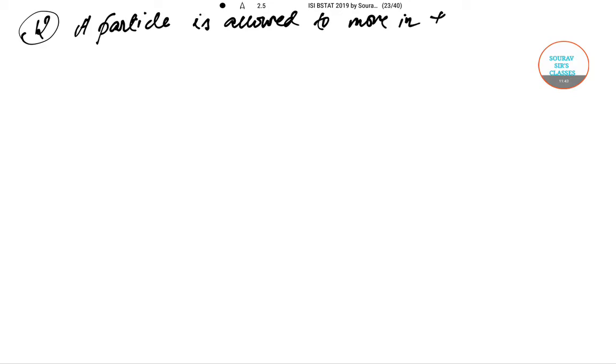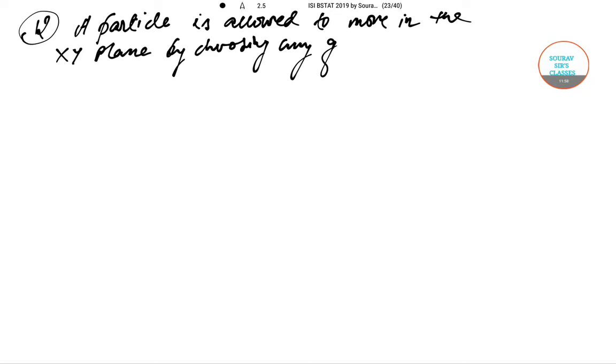Question number 12 goes something like this: a particle is allowed to move in the xy plane by choosing any of the two jumps.